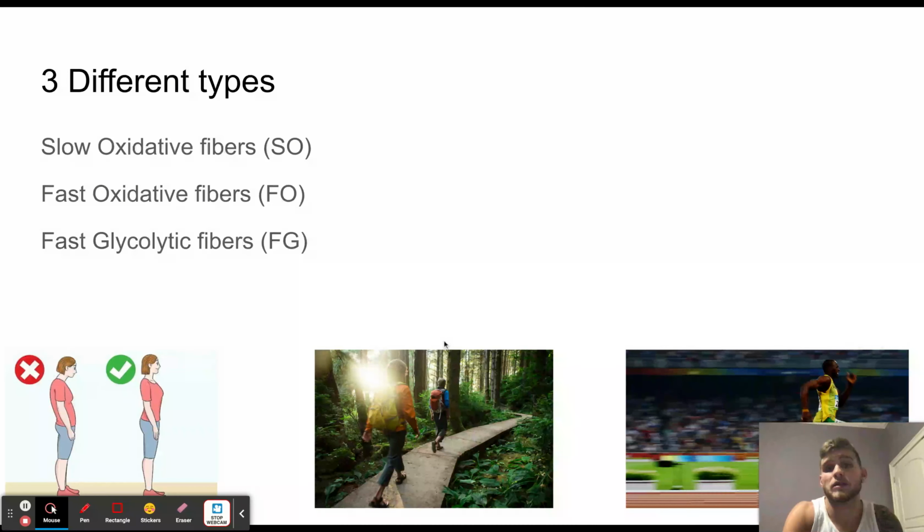Your fast oxidative fibers are in charge of things like walking and other activities that use a little bit more ATP, but not a whole lot more. And your fast glycolytic fibers are in charge of the muscles used during sprinting, weightlifting, and other activities that require a lot of ATP for a short amount of time.